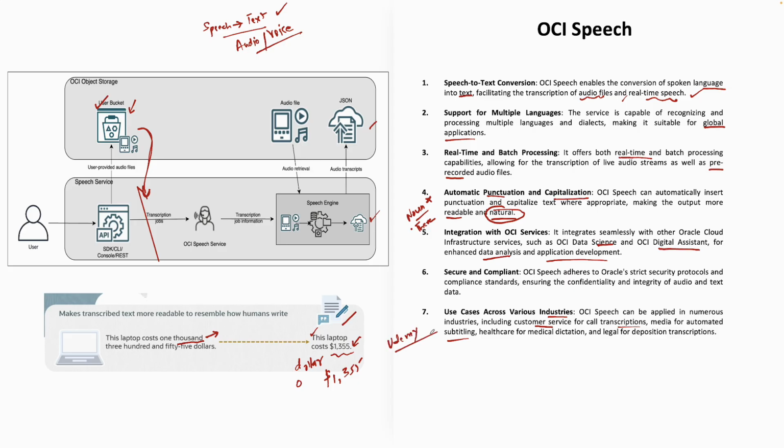When I'm speaking, it is able to generate captions. So if you're not a native English speaker, or you can read English easily, you can see that captions or subtitles come as I'm speaking. It can be used in healthcare for medical dictation, as I gave you a perfect example when I went to a doctor, and can also be used for legal purposes for deposition transcription. So mainly transcription, where you're converting speech to text.